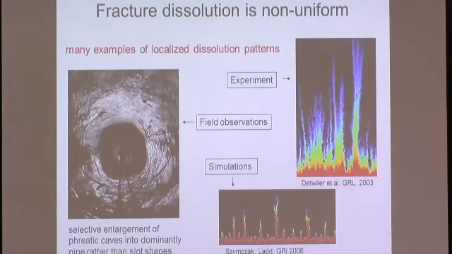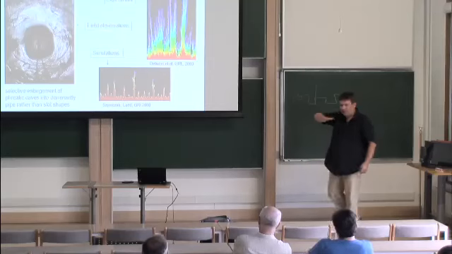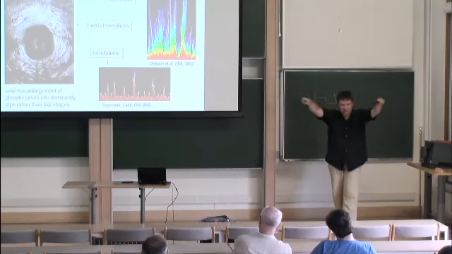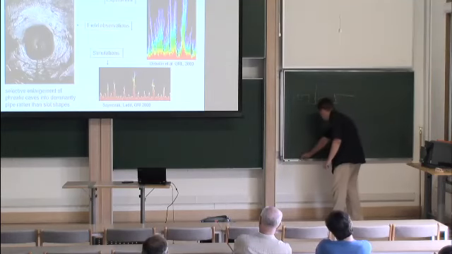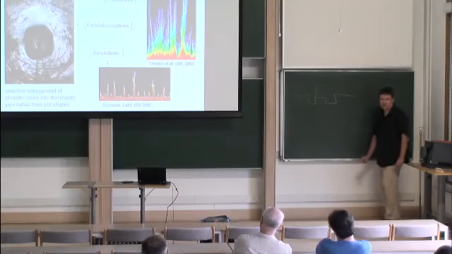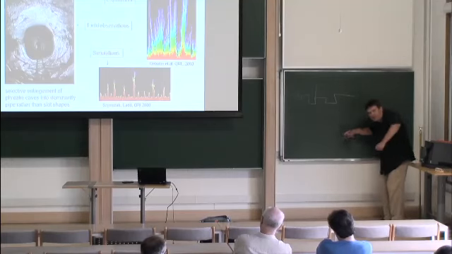And here is an example from the field, which I think is also quite nice because, as I told you, the caves begin their lives along the fractures. Now, fractures are essentially quasi-2D objects. So they have a slot-like geometry. The cross-section of a fracture looks like this. But when you go to a cave, you never see a cave like this, right?